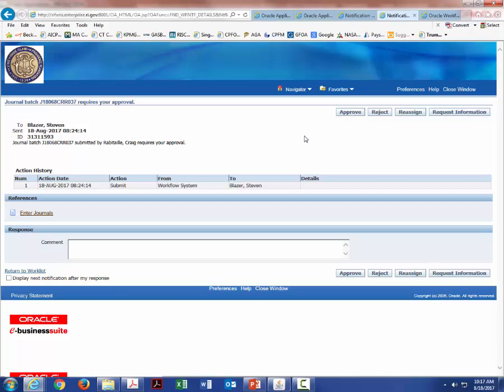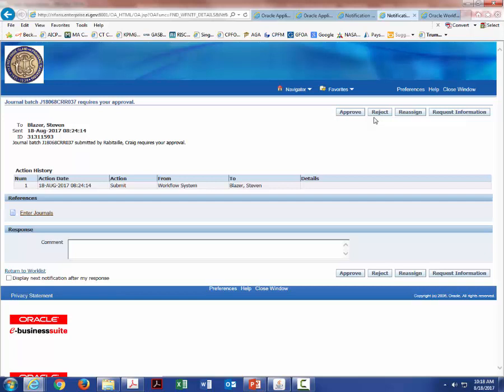If, on the other hand, you determine that there are one or more problems with the journal entry that warrant its rejection, then you must first type the reason or reasons for the rejection in the space provided on the screen, and then click on the Reject button. You should never click on the Reject button without first providing a reason for the rejection.